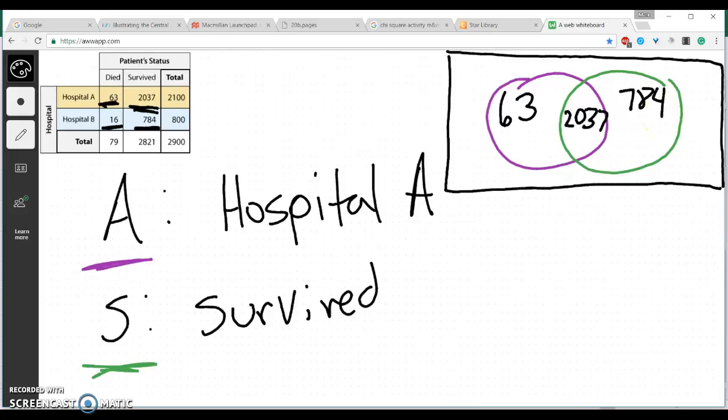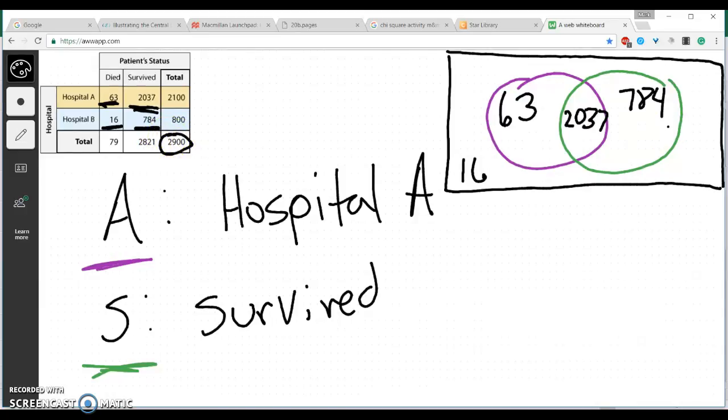So all the people that were not in hospital A and died would have been these 16 people. So now if you add this up, I have my total number of people. Every single one of these bubbles will add up to my 2,900.